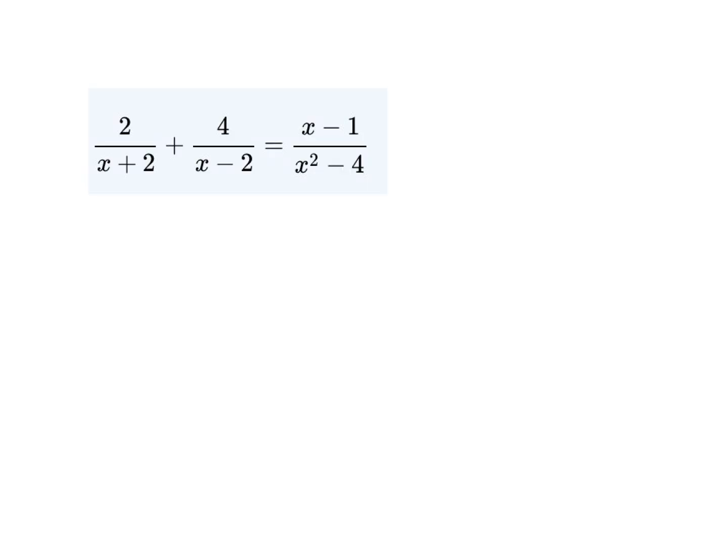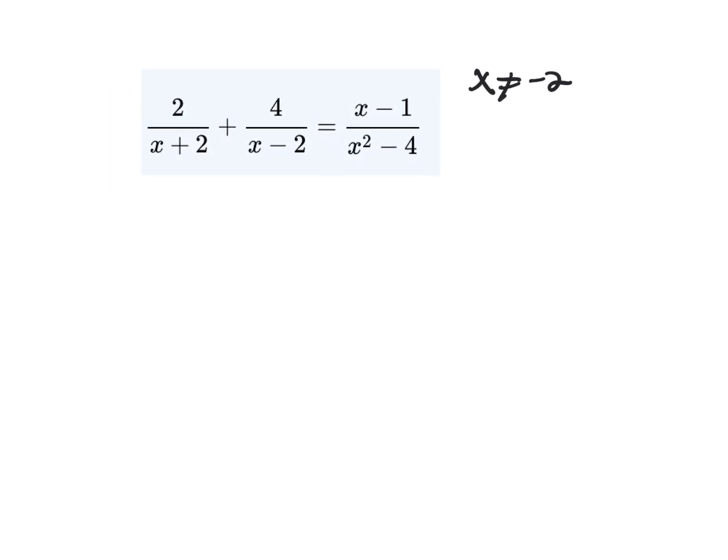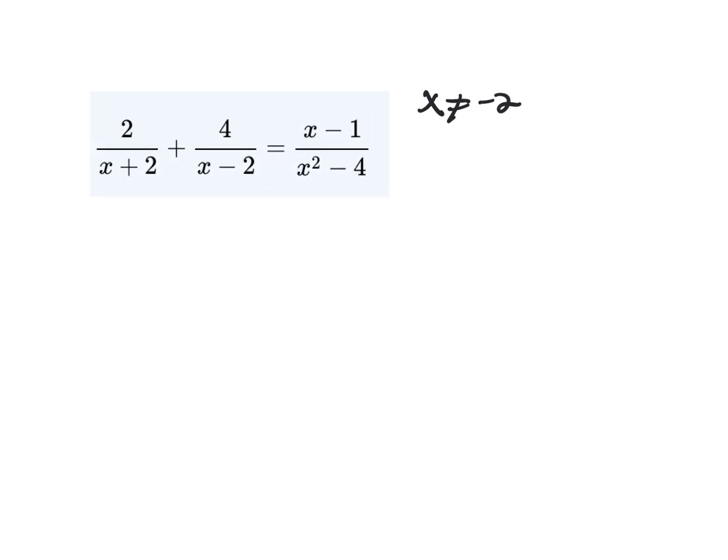All right, looking at our next equation and determining what our x values cannot be equal to, we see here we have an x plus 2. So we know that x cannot equal negative 2. And we have an x minus 2.